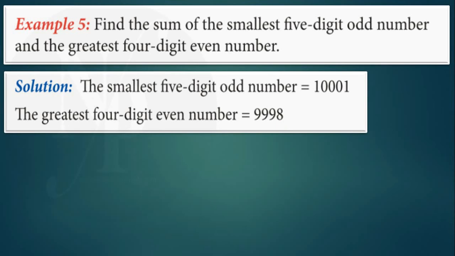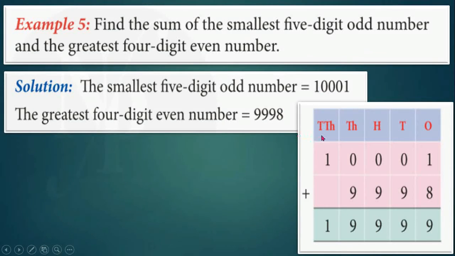So we need to add these two numbers to get the sum of these numbers. So we will write down the numbers one below the other. So here we have 10,001, and in the second line we have 9,998. So we will add these two to get the sum. 8 plus 1 is 9, 9 plus 0 is 9, 9 plus 0 is 9, and 9 plus 0 is 9.